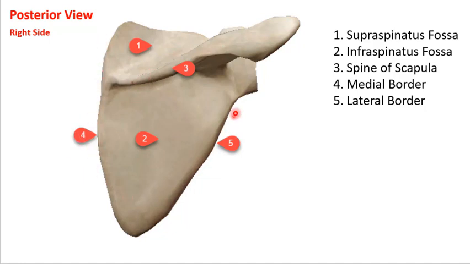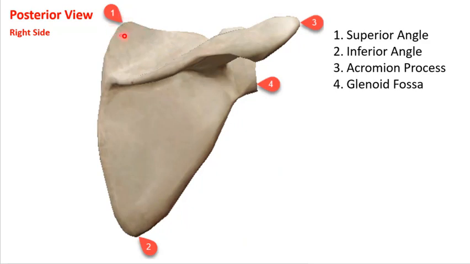Here's your medial border, and then, of course, this is your lateral border. This is your superior angle. This is your inferior angle. This is your acromion process, and then right here, it's not the best view, it's probably better on a lateral aspect, is the glenoid fossa. And the glenoid fossa is the part that articulates with the humerus, and that's where the glenohumeral joint is, which is what truly the shoulder joint is.